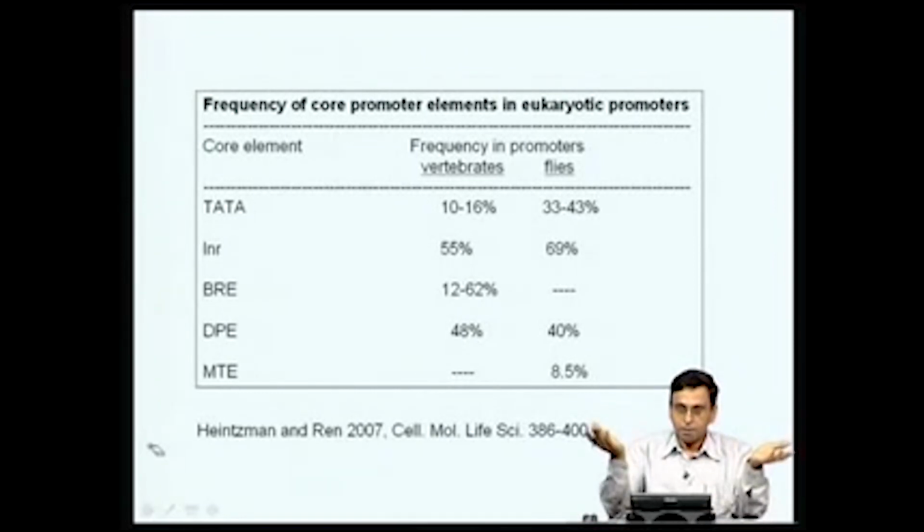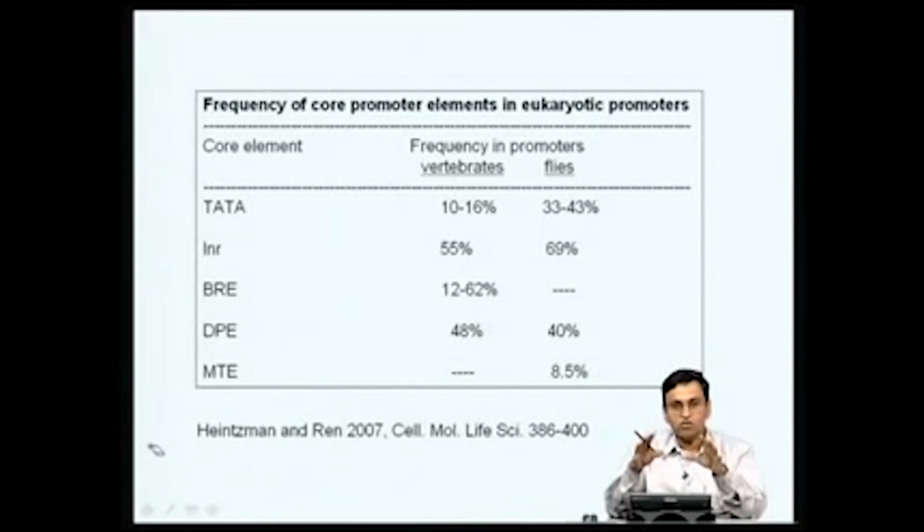It is just like a cricket pitch. When you say cricket pitch, not all cricket pitches behave the same way. There are some pitches which are flat, some pitches which are bouncy, some pitches which favor spin bowlers, some which are very good for batsmen. The same way, although the basic job of the core promoter elements is to assemble RNA polymerase II for initiation of transcription, there are many variations of the core promoter elements.